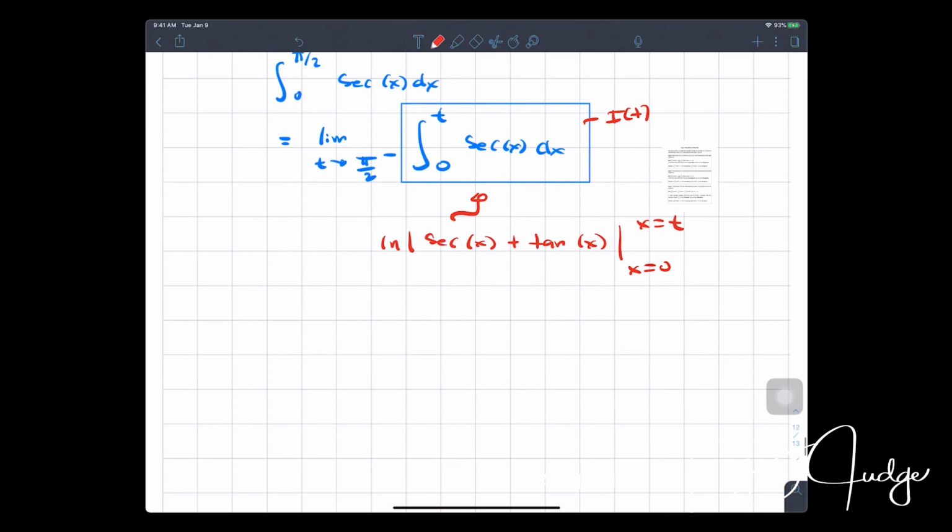So at this point, if we use the limit values, this becomes the natural log, because this is now going to be f of t minus f of 0. So we have the natural log absolute value of secant t plus tangent t minus the natural log absolute value of secant 0 plus tangent of 0.